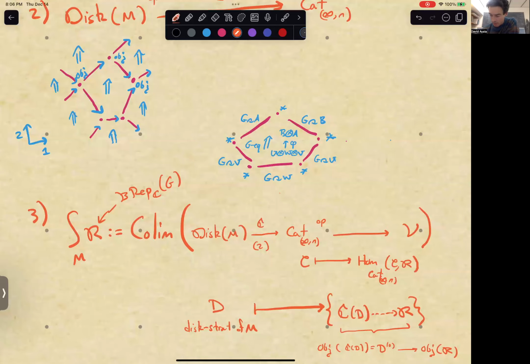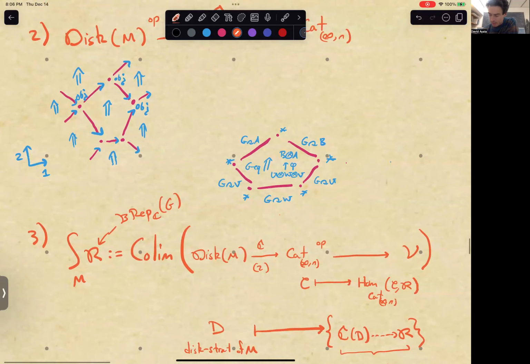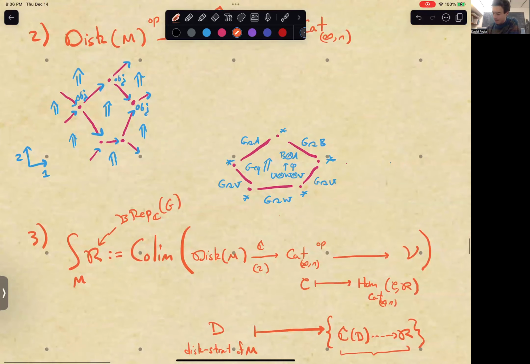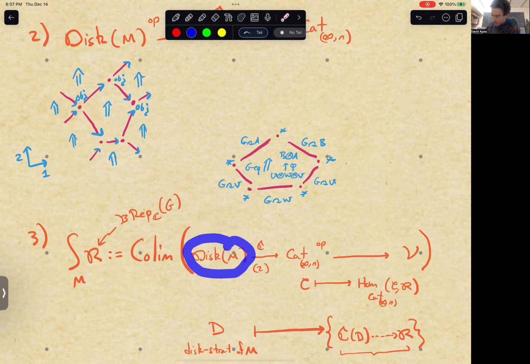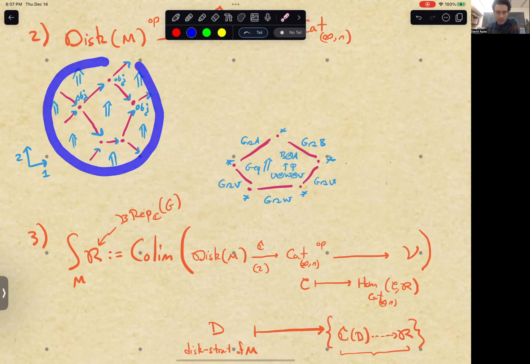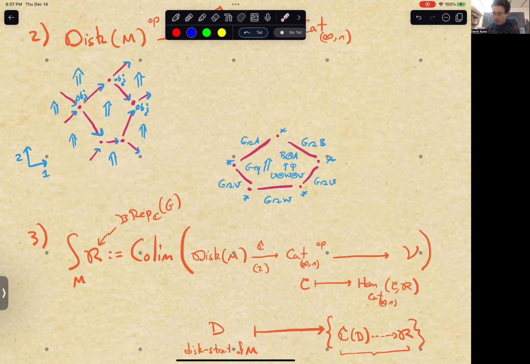So I heard you say a comment, and that was exactly right, which is that this functor assigns to an object here, which is like a triangulation of M, the collection of the vector space of all ways of labeling that disk stratification by your input, your coefficient n-category.